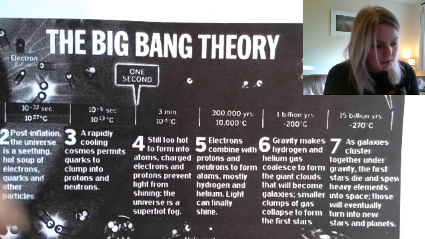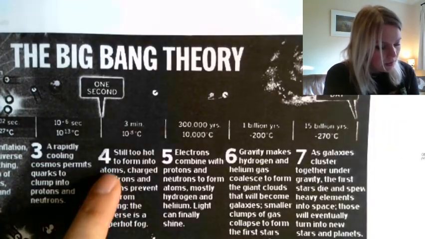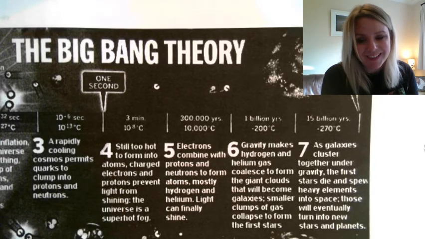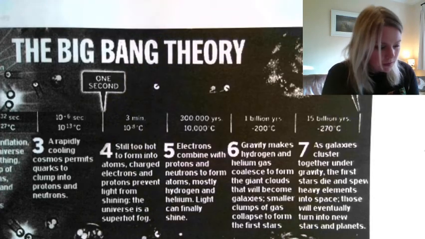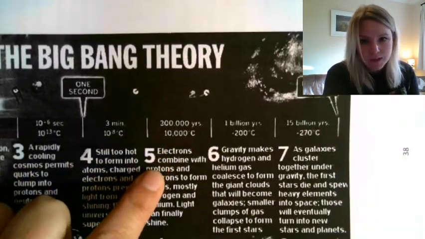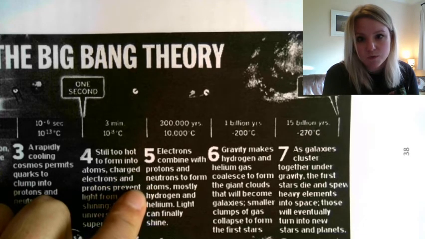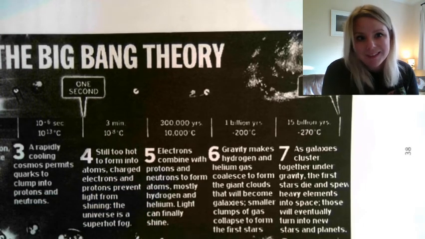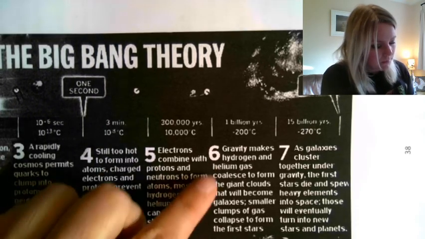Then, still too hot to form into atoms, charged electrons and protons prevent light from shining. The universe is a super hot fog. Then, over 300,000 years, electrons combine with protons and neutrons to form atoms, mostly hydrogen and helium, and that light can finally shine.